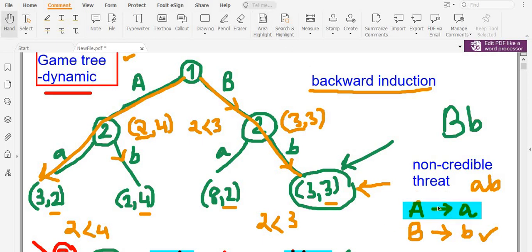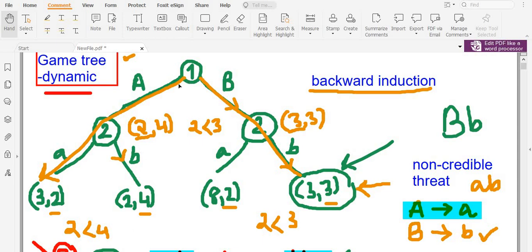Now, let us think what would have happened if player 1 had chosen strategy A. If player 1 had chosen strategy capital A, then player 2 would have looked at 2 and 4, and compared that 4 is greater than 2, as I have mentioned here. So player 2 will obviously choose small b.